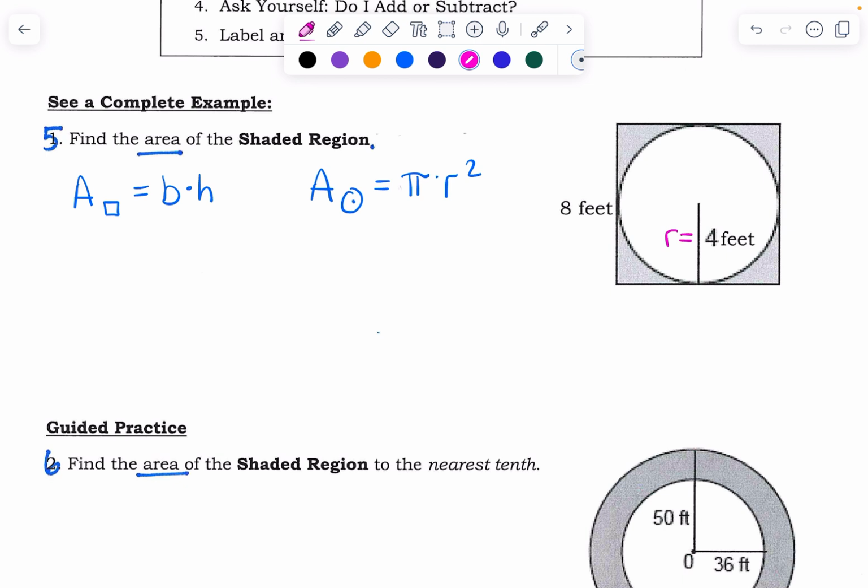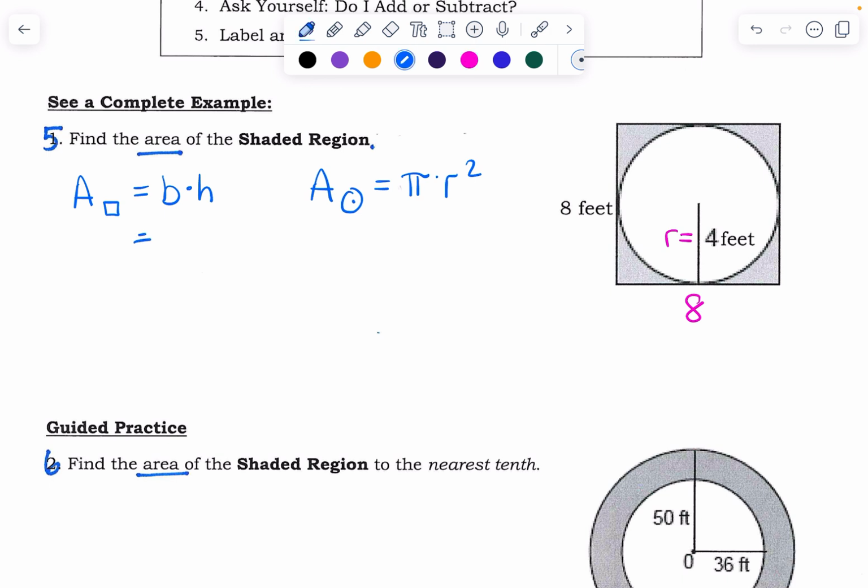And you should know that this whole thing is the diameter of the circle. So remember that all diameters would be 8. So this horizontal diameter would be the same distance as this. So I know that this is a square because this would have to be 8.